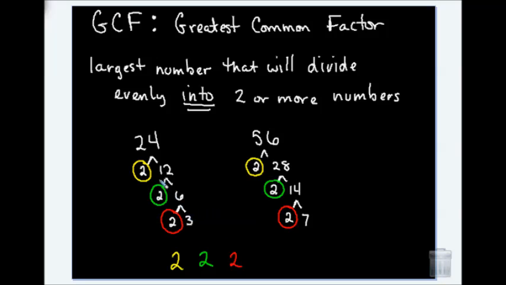So for each pair, I write down one number. If I multiply those together, this is my greatest common factor. This 3 and the 7 that were left over, we just ignore those because those are not a factor of both numbers.